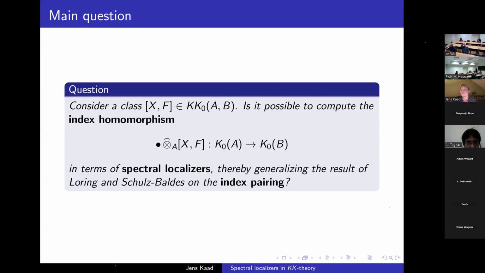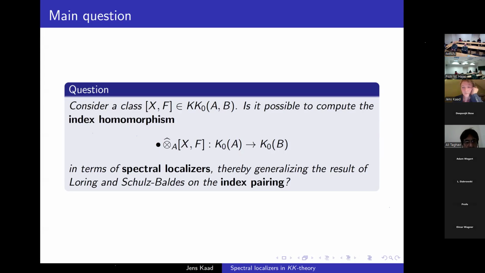And the main question is, can I actually compute this index homomorphism by using spectral localizers? And in this way, generalize the result of Loring and Schulz-Baldes regarding the index pairing. So that is the question I would like to answer in this talk.